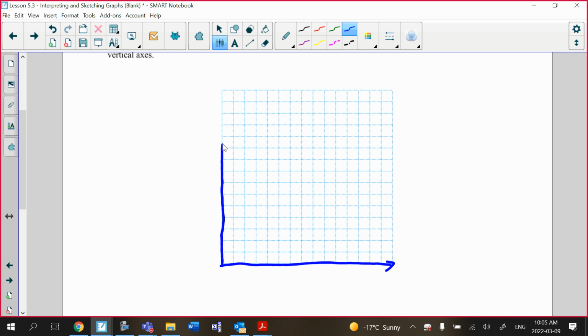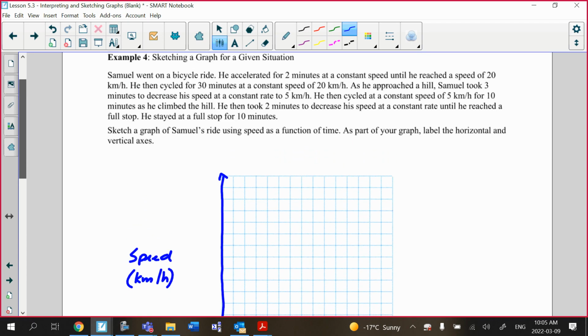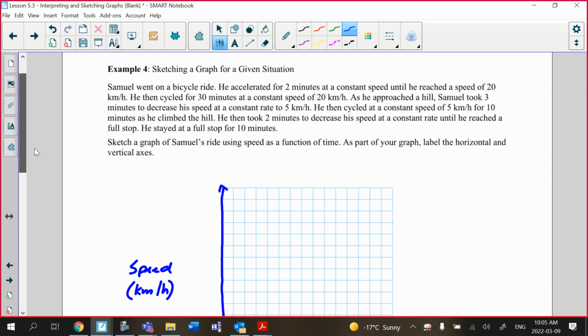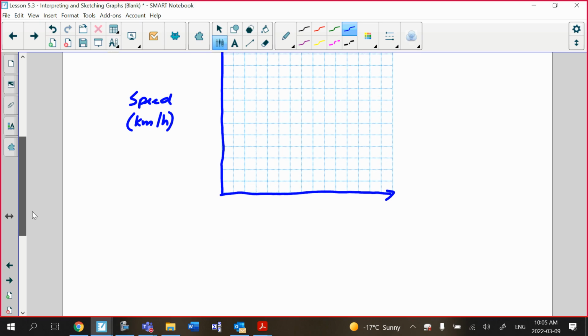Kilometers per hour, yes. And we've got time in minutes. When you are graphing a situation, you need to draw the axes and you need to label. You must label the axes.